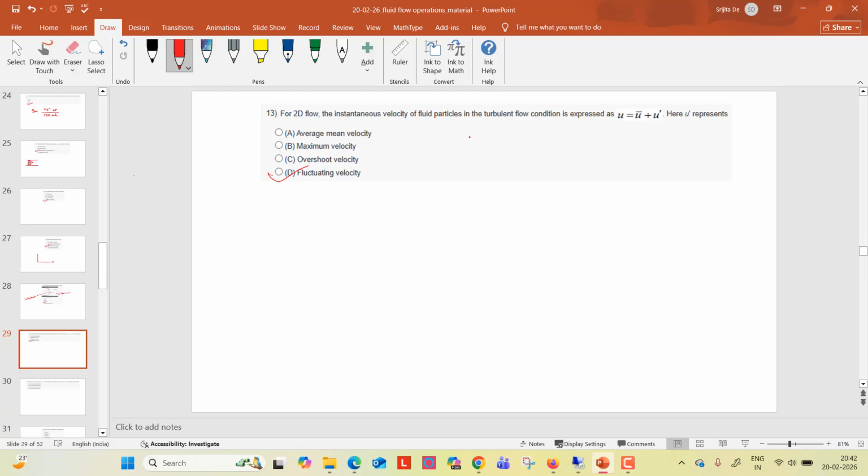Suppose there is a flow and this is the mean velocity U bar, and now when the turbulence happens, the flow pattern will change like this. So this turbulence is called the fluctuating velocity, U dash or U prime.